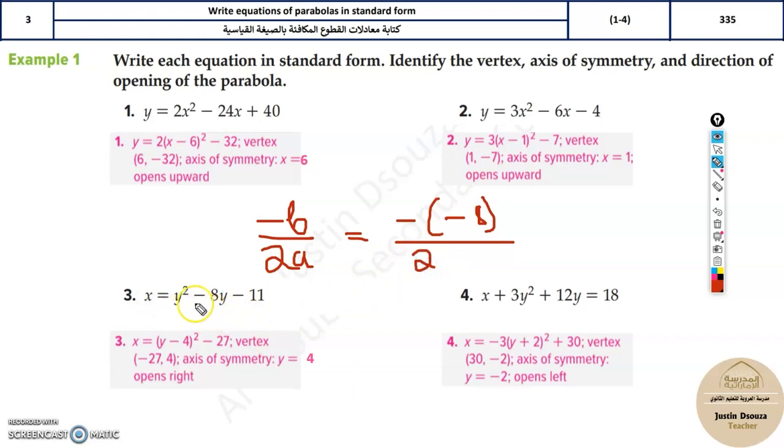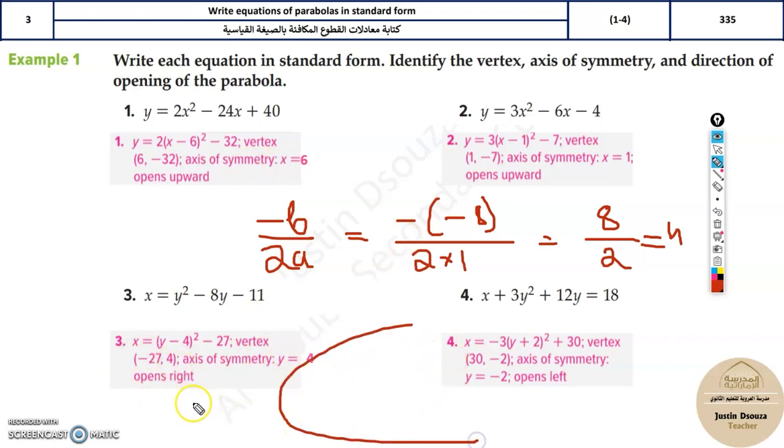So it is fine. 2 times a is nothing, that's 1. And you will have 8 by 2, that is 4. But now there is a very important thing. Axis of symmetry was x over here, but now it is y. Because when you graph this, you will get something like this. So this is the y value. So the y value is 4. Over here, you'll find the y value.